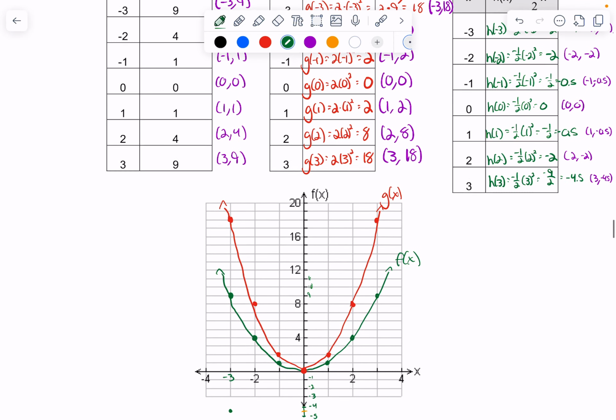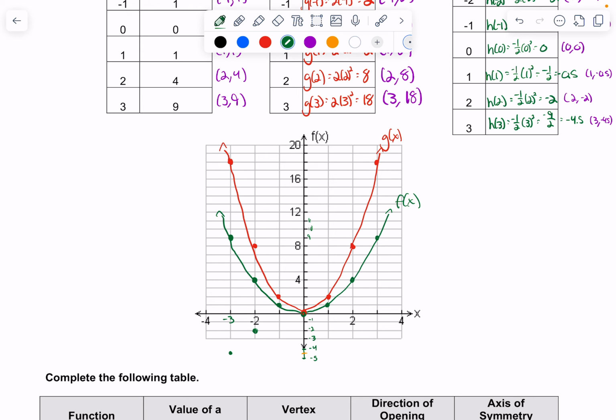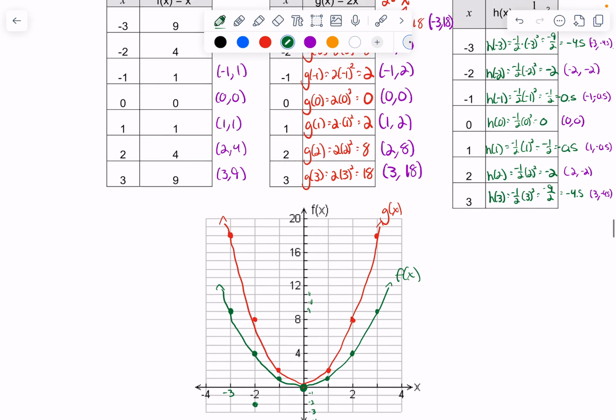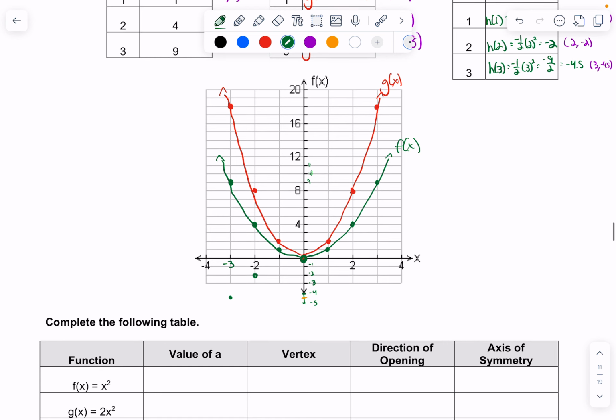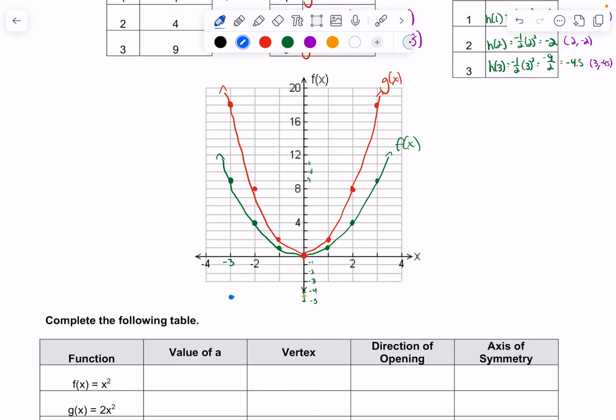Then we have negative 2 and negative 2. So that's right here. Then we have 0 and 0. Again, the origin is the same. Oh, I did this one in green. I should have done... Okay, that's fine. Actually, I'll plot this one in blue, just so we can see the contrast. So, blue, blue, and then negative 1 and negative 0.5 right here.